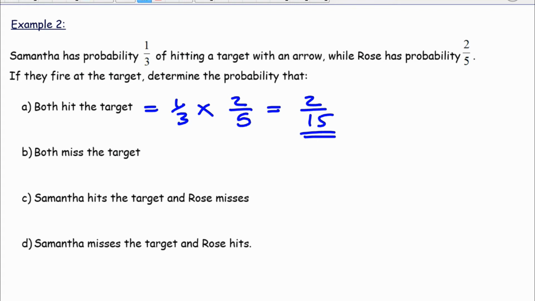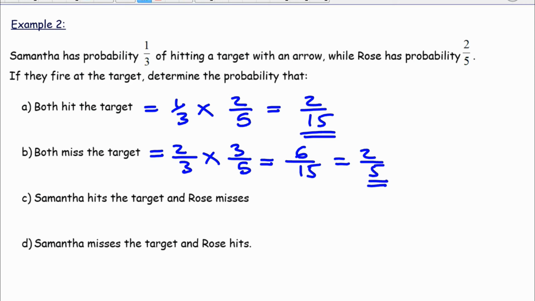Both missing a target means Samantha misses a target, which will be 2 over 3, and Rose missing a target, which will be 3 over 5. And you end up with 6 over 15, which can be simplified to 2 over 5.